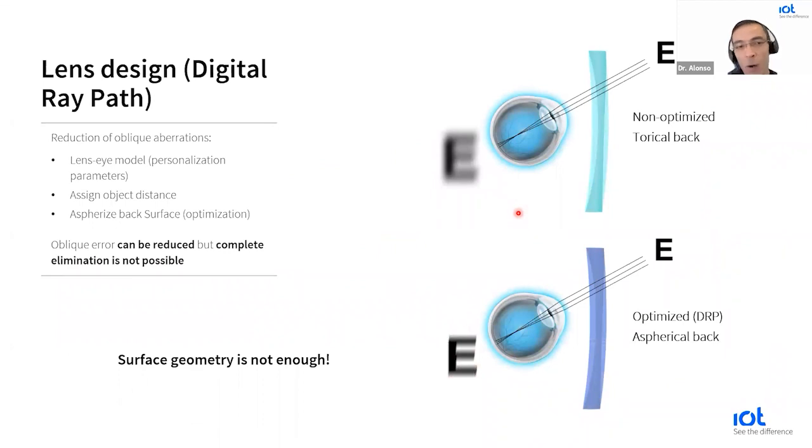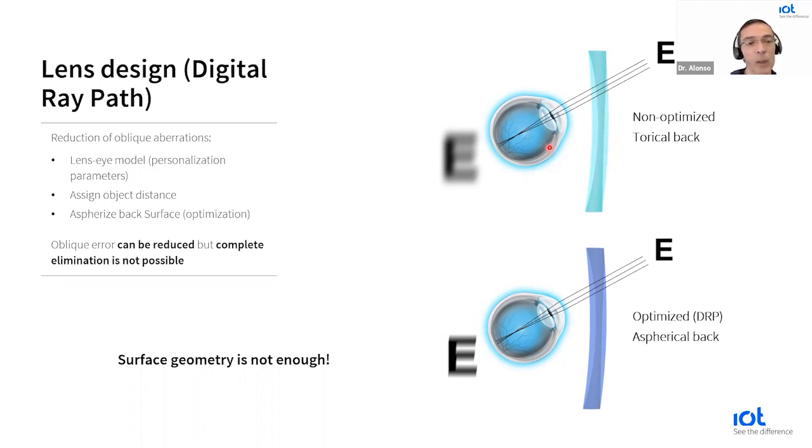Then how our standard optimization technology has been working all this time. We just create a model of the lens and the eye. We use personalization parameters to create this model to determine the right position of the lens with respect to the eye and some eye parameters.